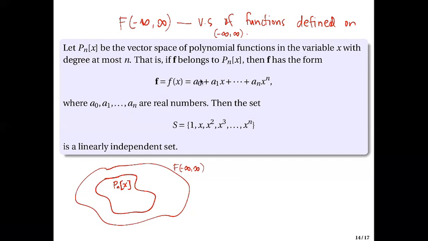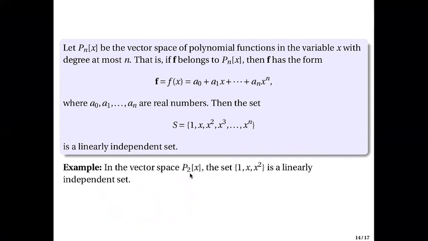Now, if we collect this set here, 1, x, x squared, x cubed, until x to the n, so just the powers of x, then this set is a linearly independent set. Take note, the coefficients of the variables are just constants, just real numbers.